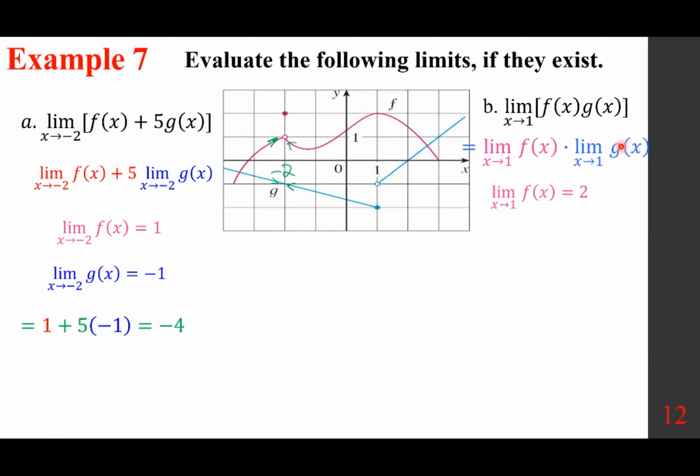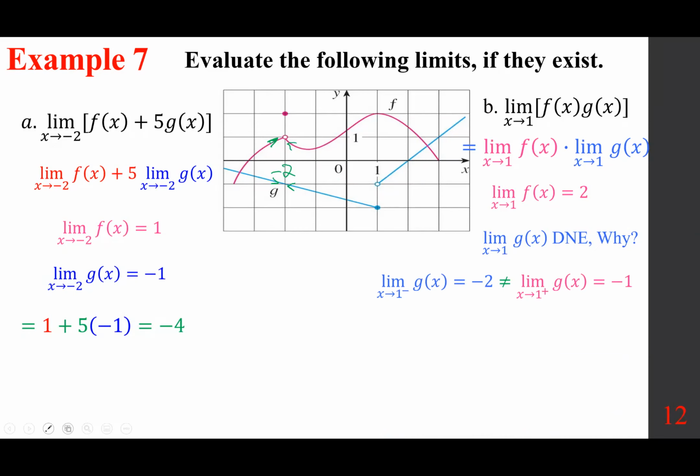For the blue function, the left side of 1 takes us here, which has a y coordinate of -2. The right side of 1 takes us towards this point that has a different y coordinate, -1. So this limit doesn't exist because of that.